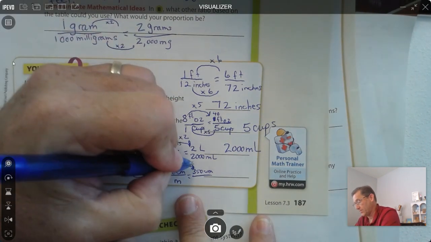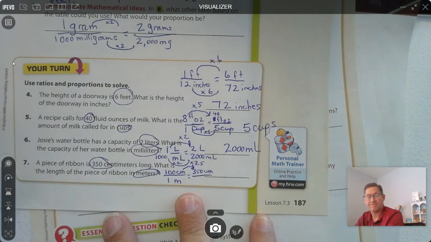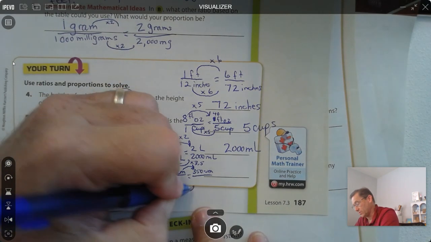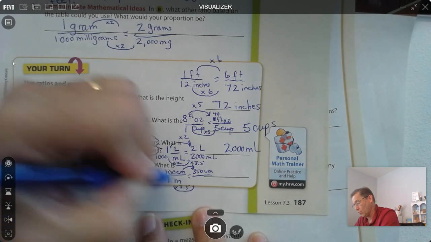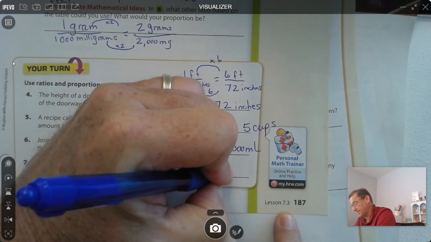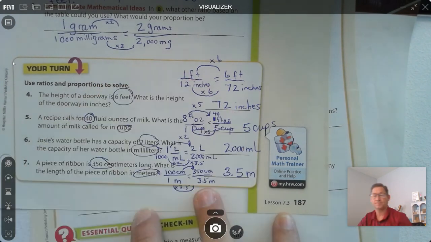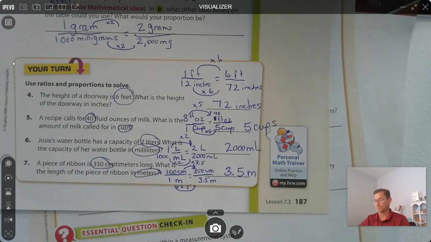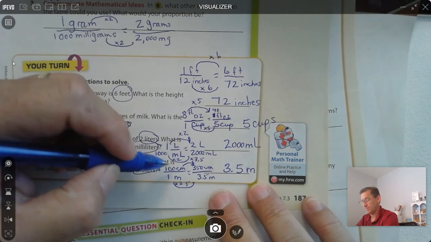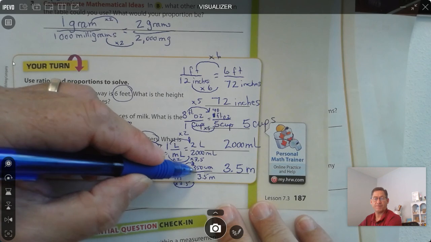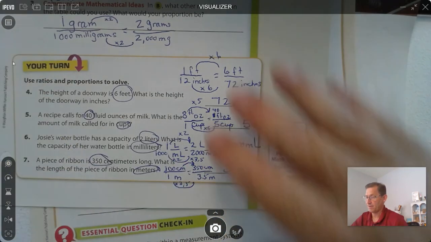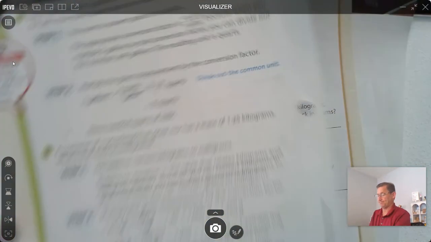Well, that's times 3 and a half. 3 and a half times 100 is 350. So multiply 1 by 3 and a half. So we're going to get 3 and a half meters. So 100 times 3.5, 350. 1 times 3.5, 3.5.